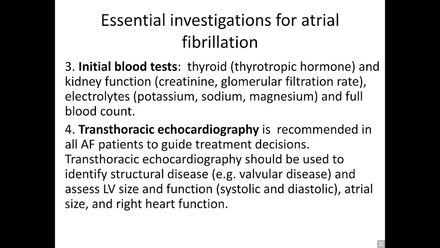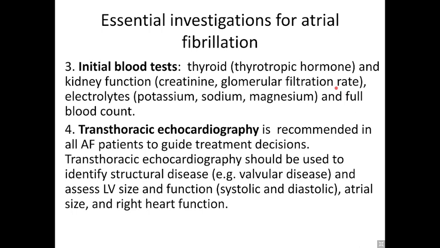National blood test, of course, thyroid hormone, because very often a high or low level of thyroid hormone may cause atrial fibrillation, especially in young patients. Kidney function, creatinine, glomerular filtration rate, we need to check, because it's important when we start our treatment of the patient, and if we use anticoagulants, especially new oral anticoagulants.